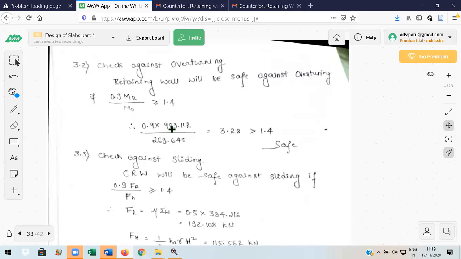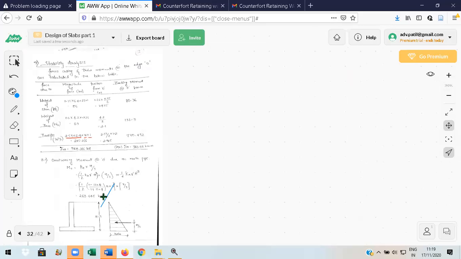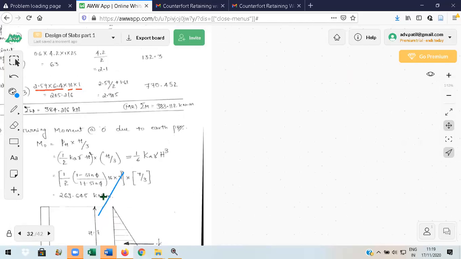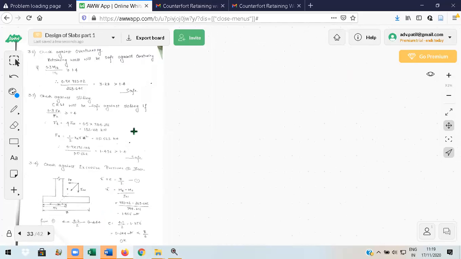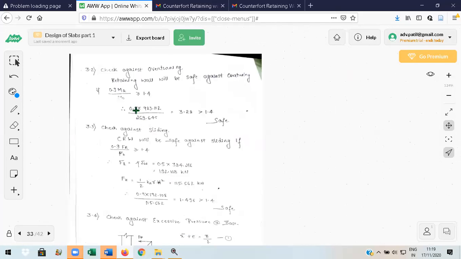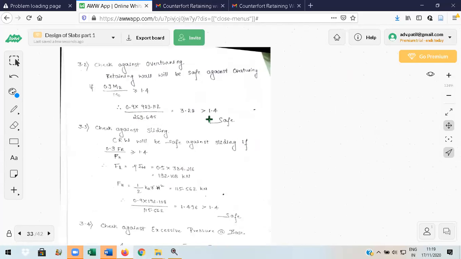0.9 into 983.112. What is this 983.112? Sigma M. See this 983.1, the total moment that is acting on the member. So 0.9 times that divided by 269 overturning moment, it is 3.28.